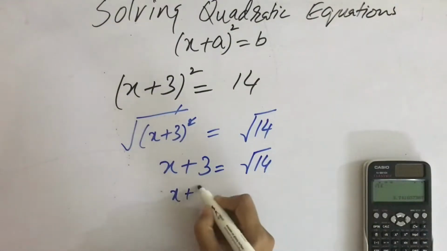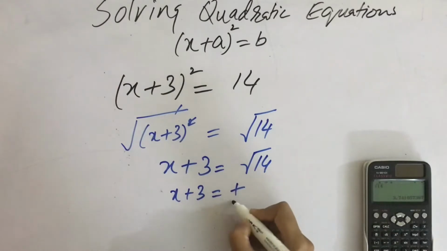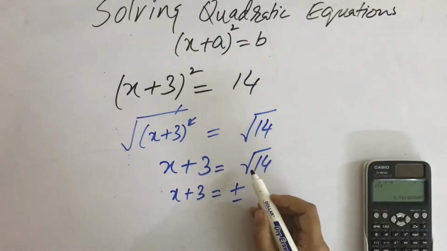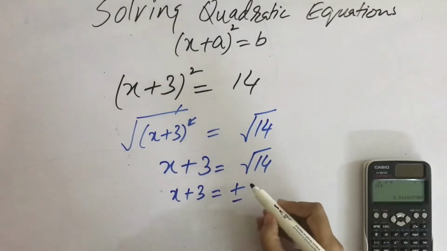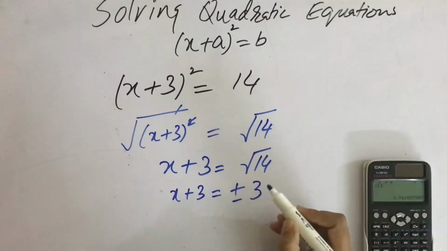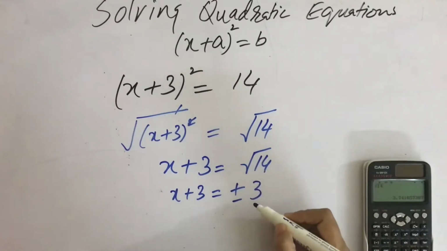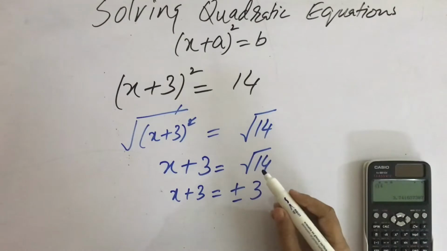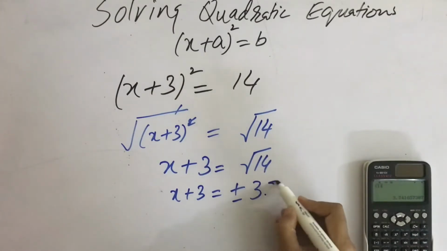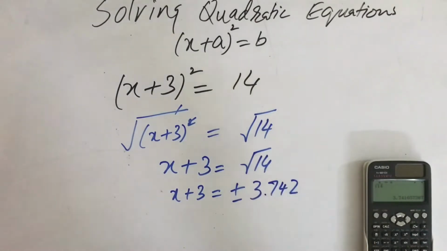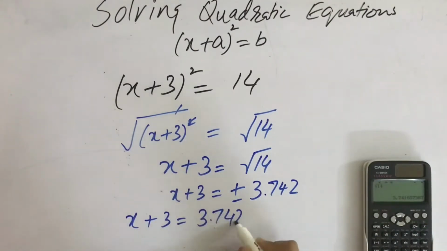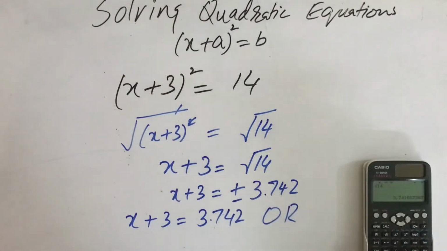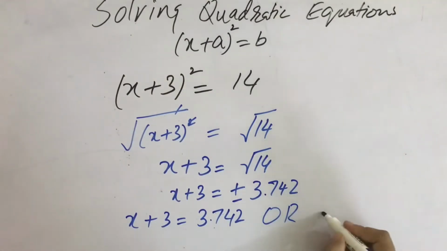X plus 3 is equals to, but I shall take two answers, plus minus 3.742. When I have taken the square root, there will be a positive answer and a negative answer, because this square root doesn't tell us either the number whose square is taken was positive or negative. Now I shall subtract this 3 from the positive answer, and then I shall subtract 3 from the negative answer.